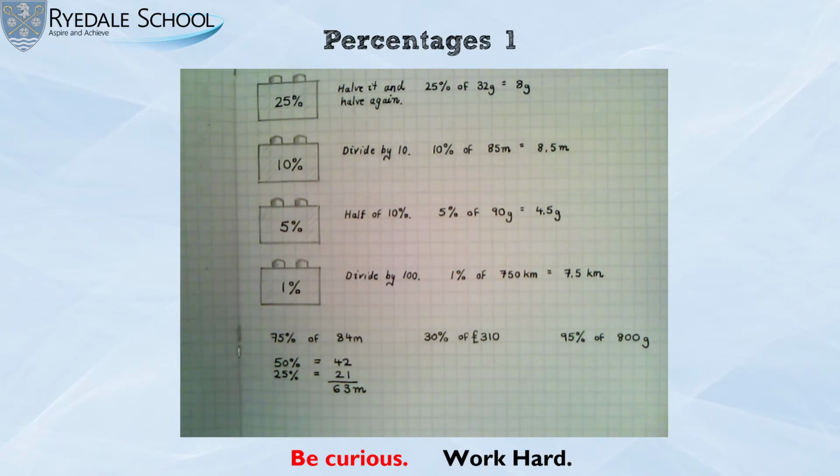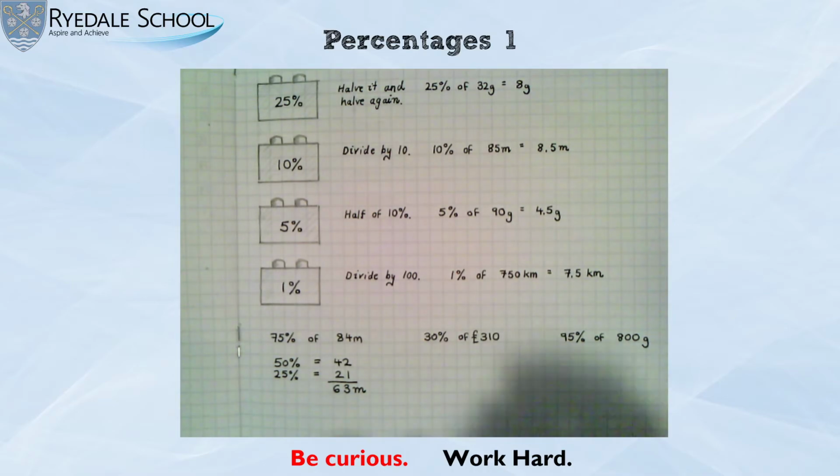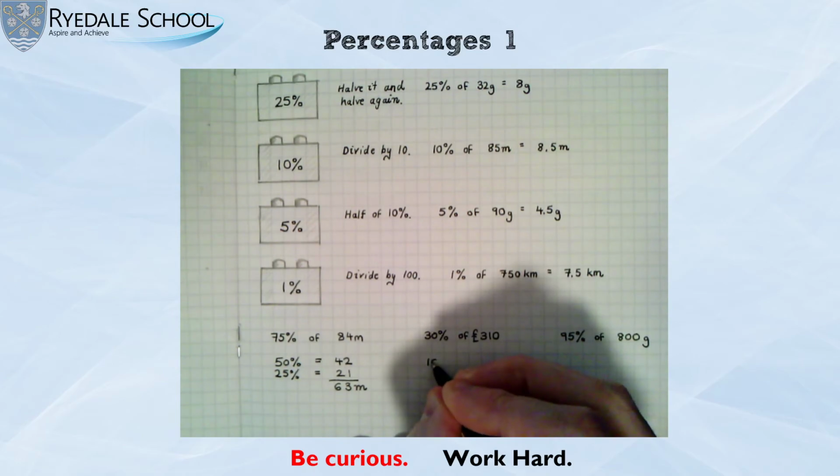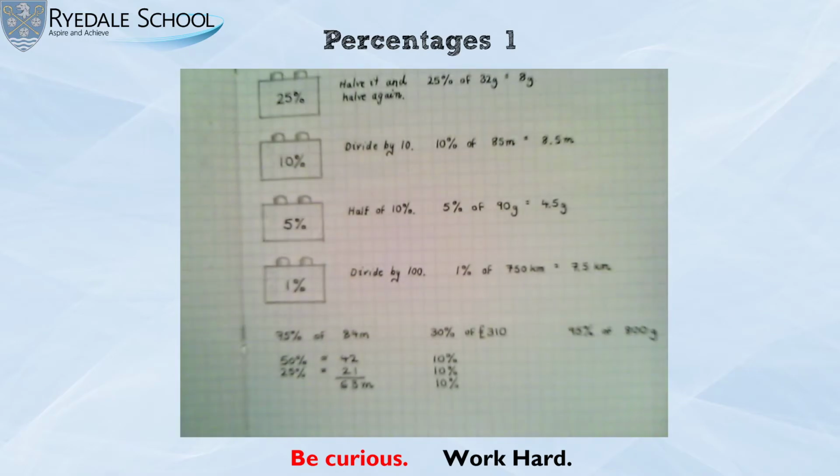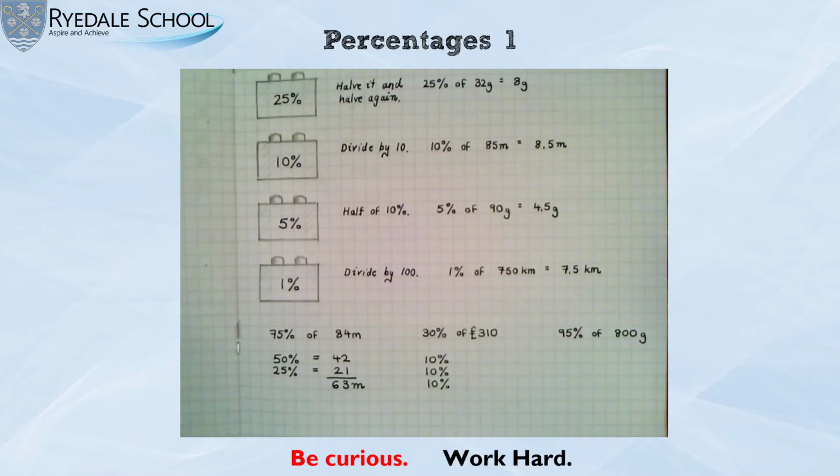Now, how do you build up 30%? Well, you might decide I could do 25%, I could do 5%. I personally would use the building block for 10%. But I'm going to need 3 of those. Because 10%, 10% and 10% make 30% altogether.